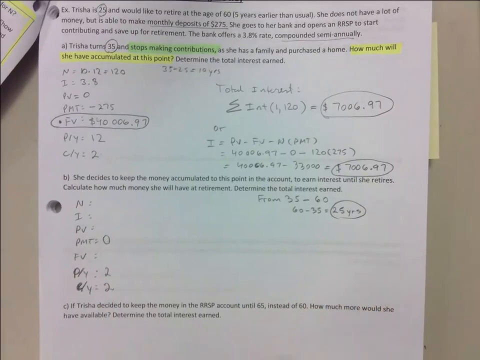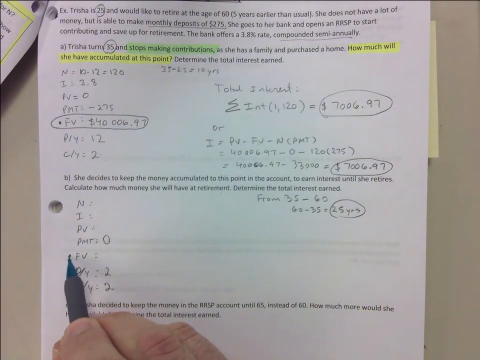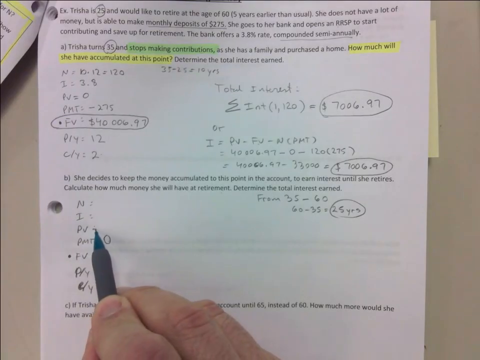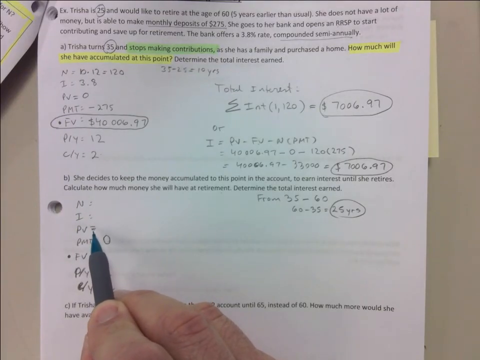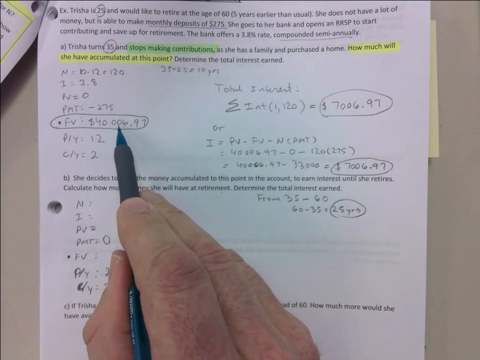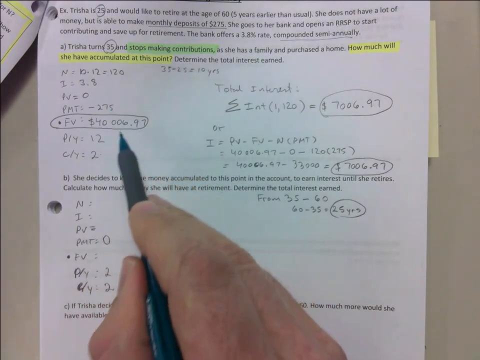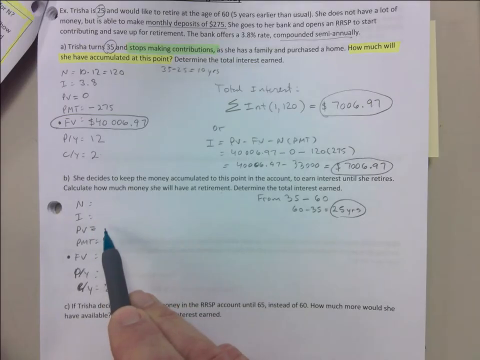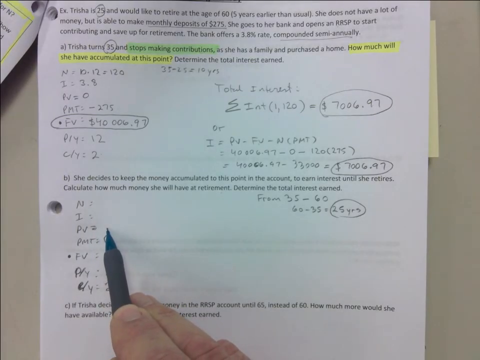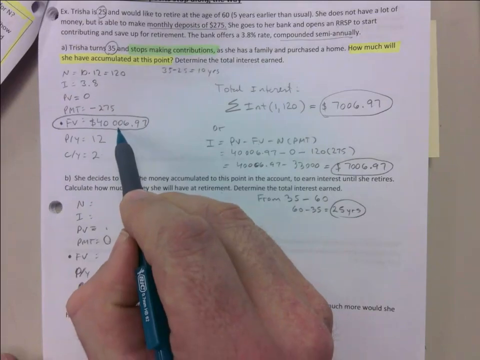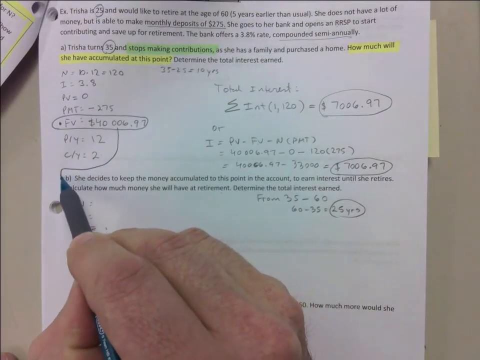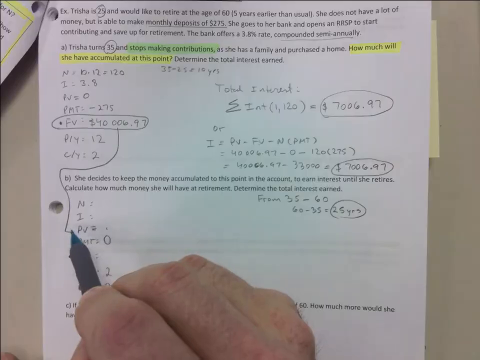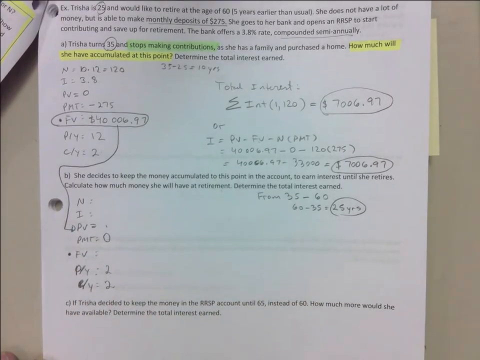Okay? Future value is what we want to figure out. What is my present value, folks? It's that money that you have. Up to 35, you have that. And now you just want to put it in there and let it grow. Okay? So we take this money and we plug that into our present value.